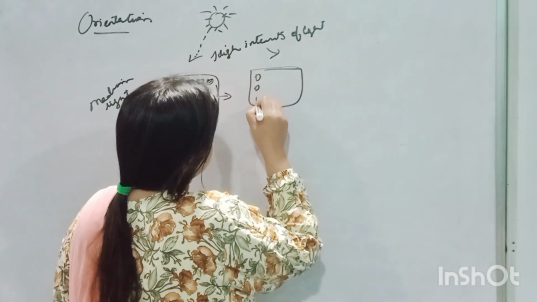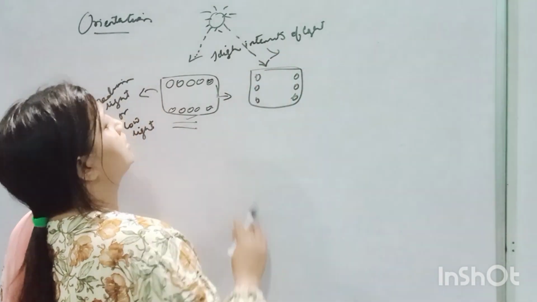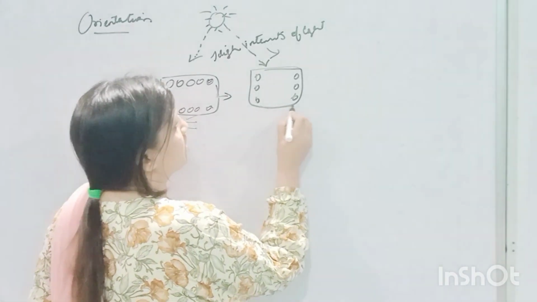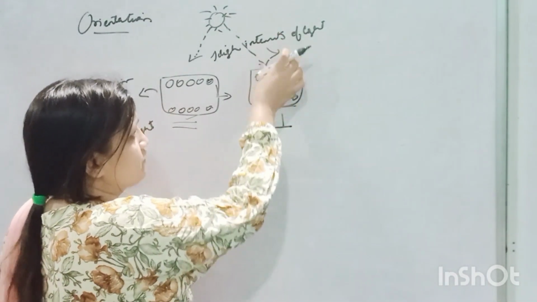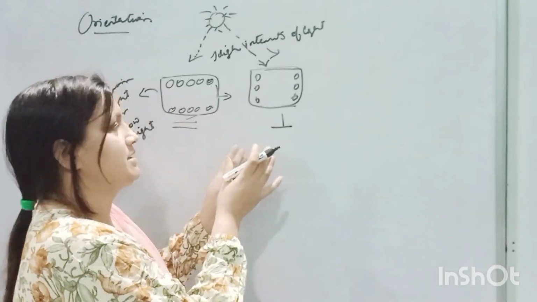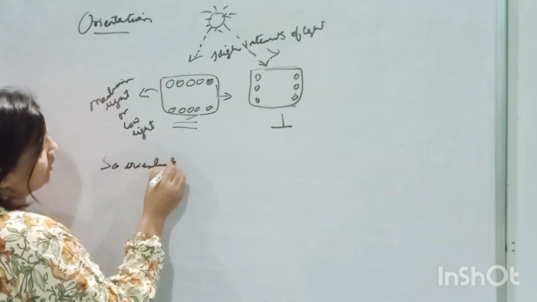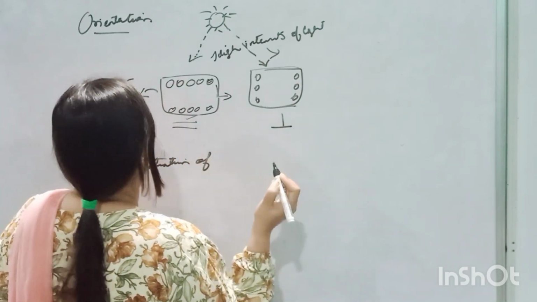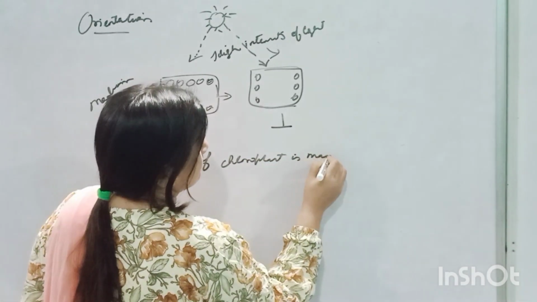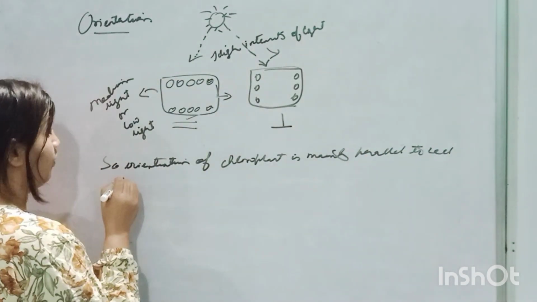They become perpendicular to the cell wall, so that the light which falls can pass through. It will not be absorbed so much, to prevent damage. So the orientation of chloroplast is mainly parallel to the cell wall.